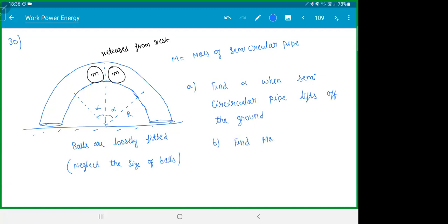Find the maximum value of M by m if it lifts off. Means there is a certain value of M by m. If you exceed that, no matter what you do, this thing won't rise over the ground.